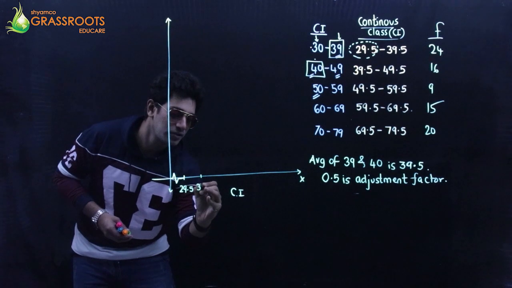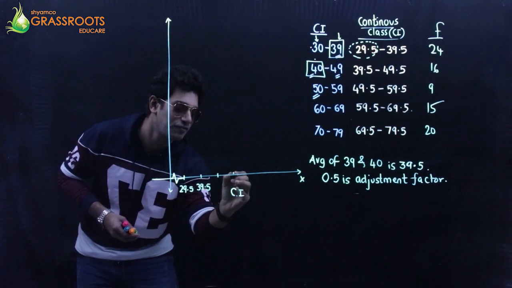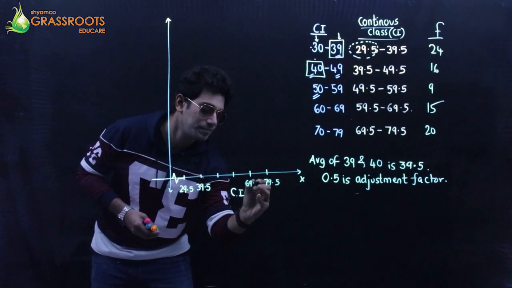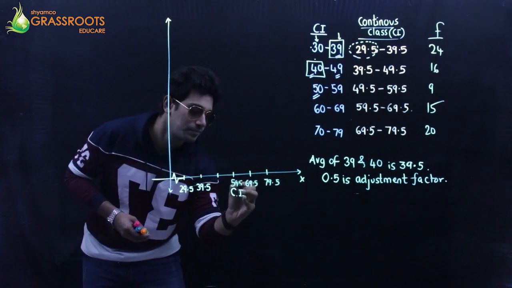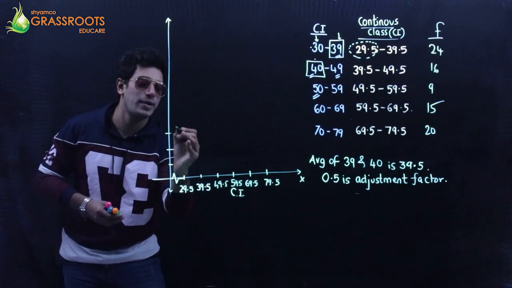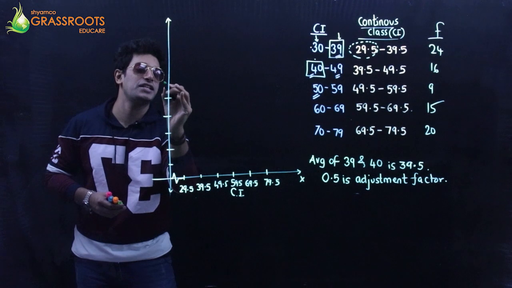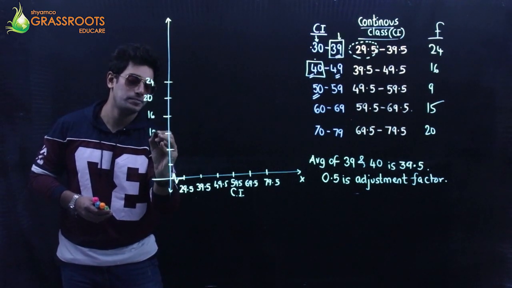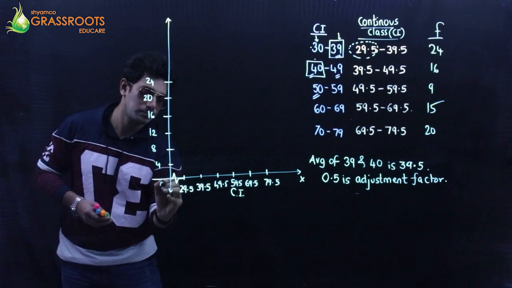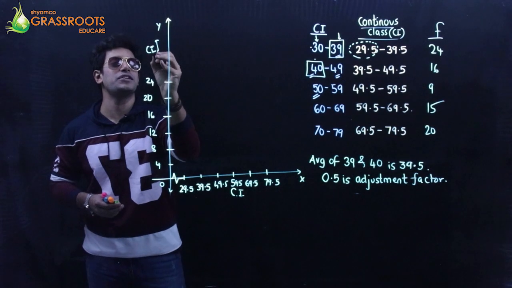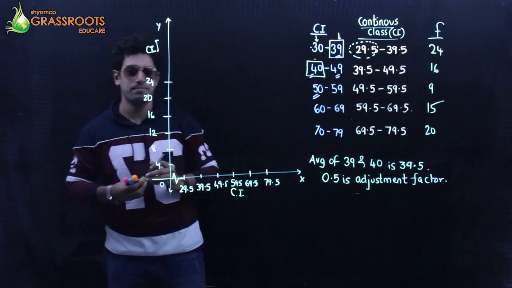So 29.5, 39.5, 49.5, 59.5, 69.5, 79.5. On the y-axis: 4, 8, 12, 16, 20, 24.